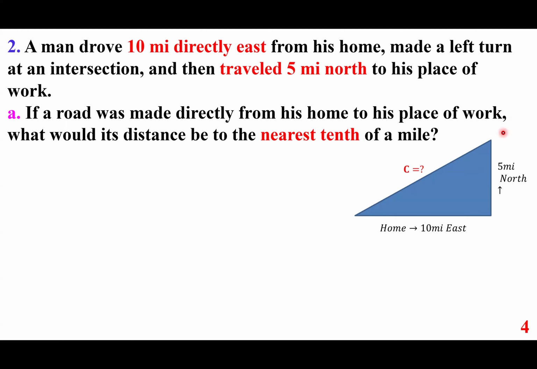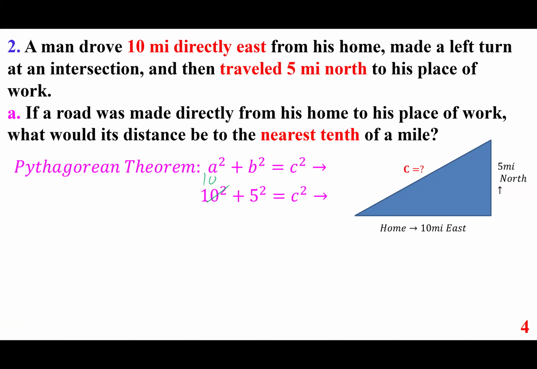We cover the Pythagorean theorem, a squared plus b squared equals c squared. The two legs are a and b. So 10 squared plus 5 squared equals c squared. So c squared is 125. C is the square root of 125.